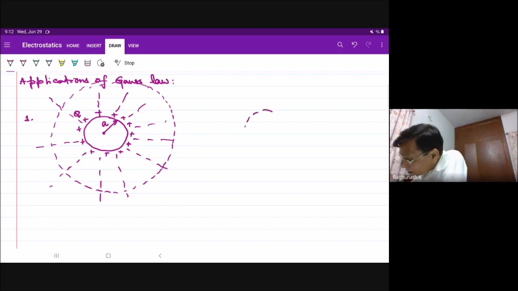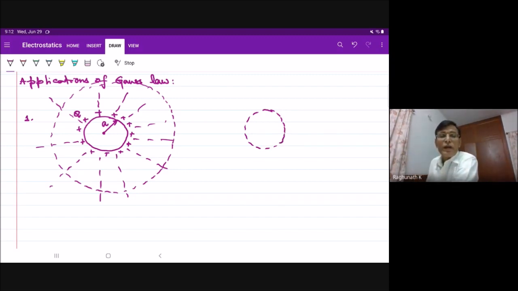Any given spherical charge, let us say I want to determine the field at a point which is at a distance r from the center of the sphere. I can consider this spherical surface to be, for sure, a combination of so many ring charges. You agree?